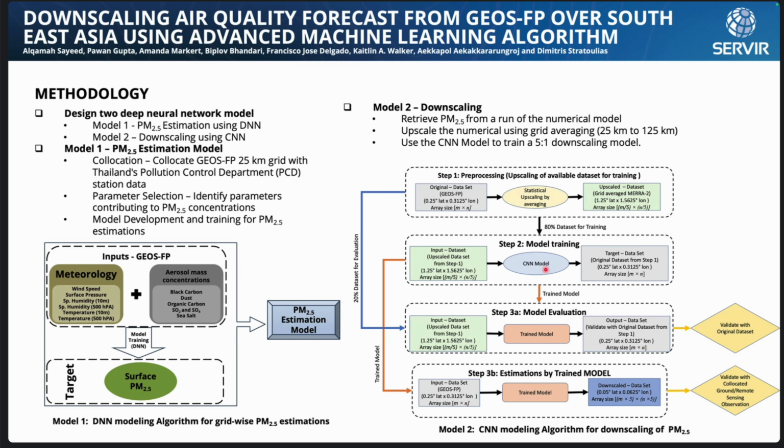Now, once we had this trained model, we use it for downscaling a 25 kilometer or 0.25 degree lat long grid to 0.05 lat and 0.625 long grid size. So in this way, we achieved a 5 kilometer resolution bias corrected forecast of PM2.5.